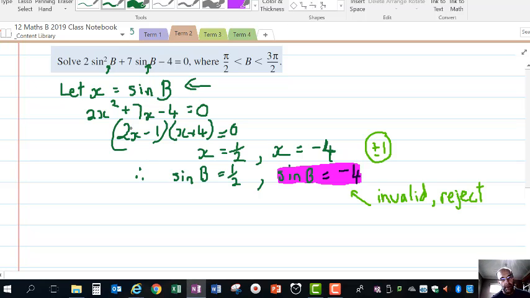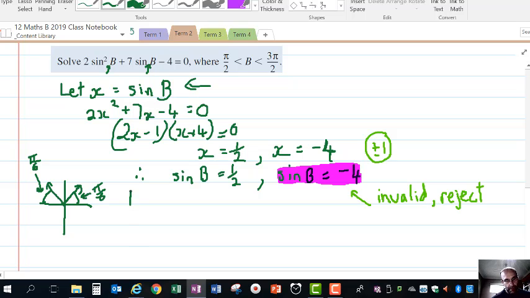We work on the other one then. Using our exact values, we're in radians. Sine is positive, so we're talking quadrant 1 and quadrant 2, and sine of pi on 6 is the solution to that. So the acute angle is pi on 6 there, and also pi on 6 there.